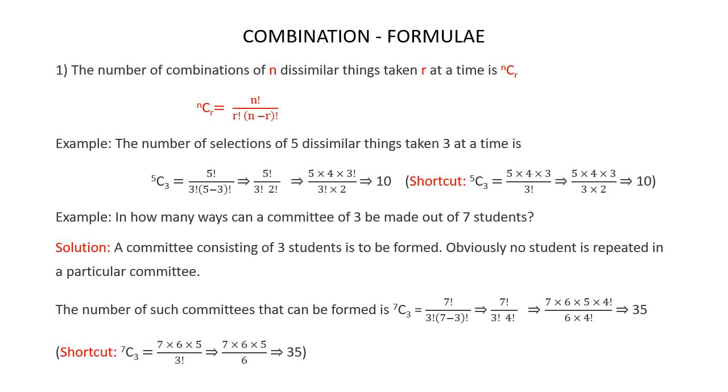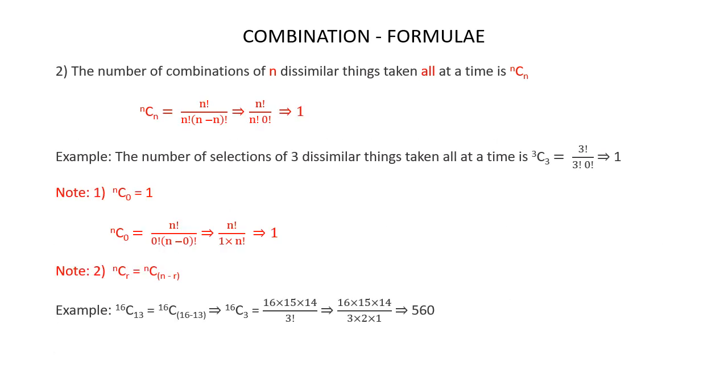In the denominator, since there is the number 3 here as the subscript, it is 3 factorial in the denominator. So 7C3 is equal to 7 multiplied by 6 multiplied by 5 divided by 3 factorial. Now 3 factorial is 6. So the 6 in the numerator and 6 in the denominator gets cancelled and we get the answer as 35.